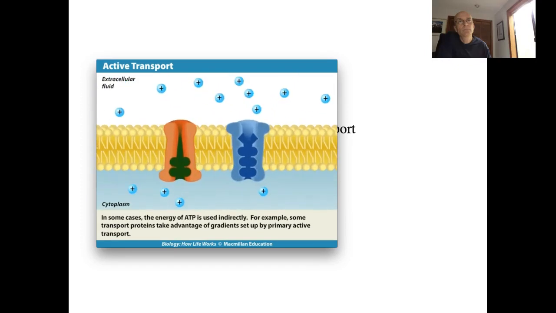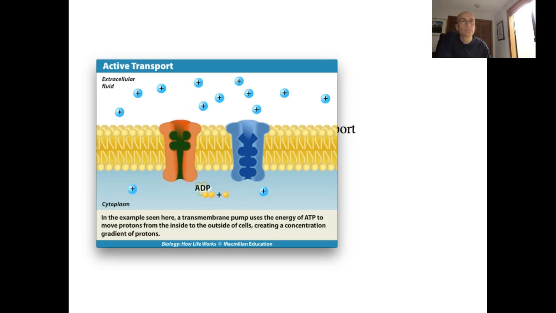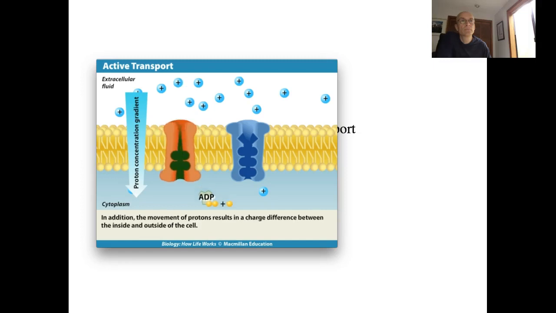In some cases, the energy of ATP is used indirectly. For example, some transport proteins take advantage of gradients set up by primary active transport. In the example seen here, a transmembrane pump uses the energy of ATP to move protons from the inside to the outside of cells, creating a concentration gradient of protons. In addition, the movement of protons results in a charge difference between the inside and outside of the cell.